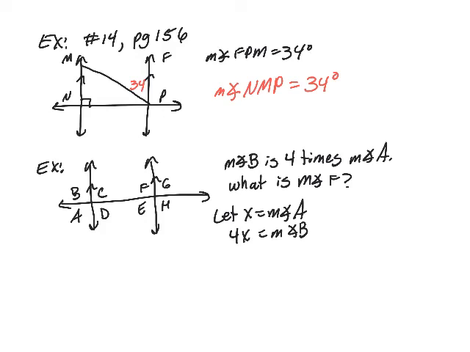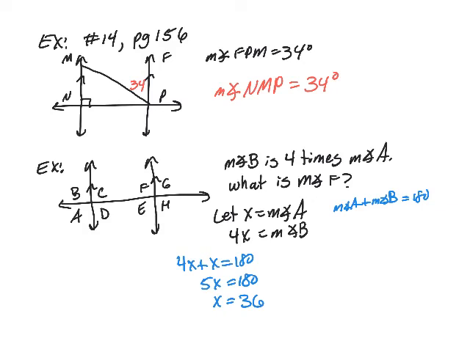You're going to say the measure of angle A plus the measure of angle B is equal to 180. So if I wrote that equation, 4x plus x is equal to 180. And then we solve it. 5x is 180. And you have x is going to be 36.